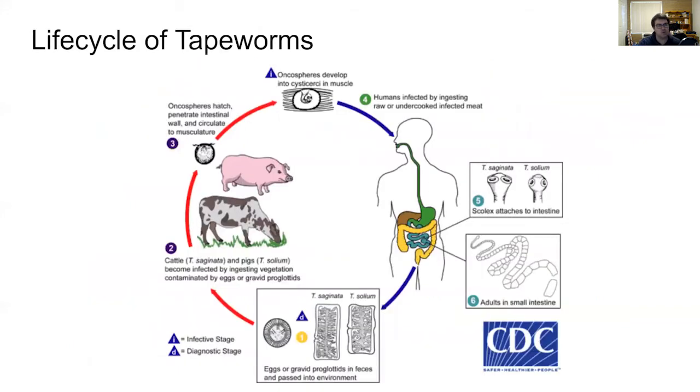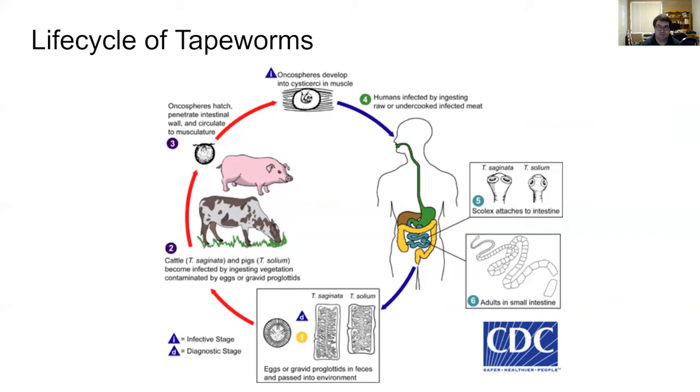All right, so moving on. I wanted to take a moment just to really drive home the complex life cycle of many pathogens. And so here we have the life cycle of tapeworms, courtesy of an image from the CDC. And what we can see is that it's picked up in the environment by cows and pigs ingesting the vegetation that is contaminated with the eggs of the tapeworms.